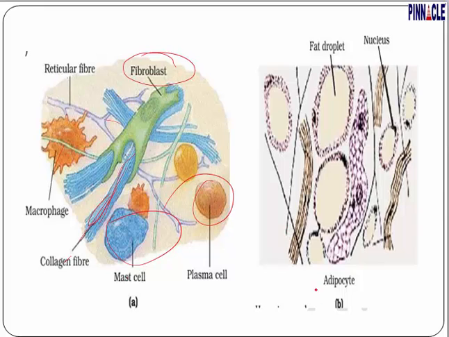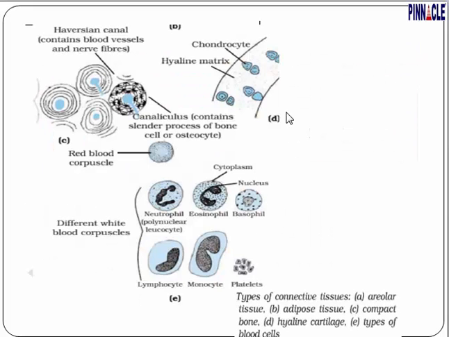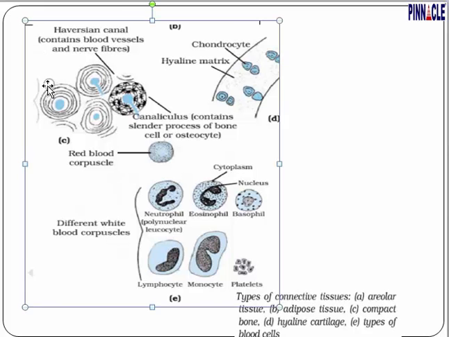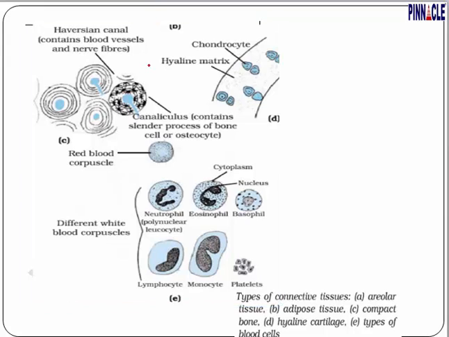And see also this diagram: adipocyte, droplet, nucleus. This is the nucleus. These are the diagrams. Let's see a few more diagrams so that it will be easier to understand when we discuss.